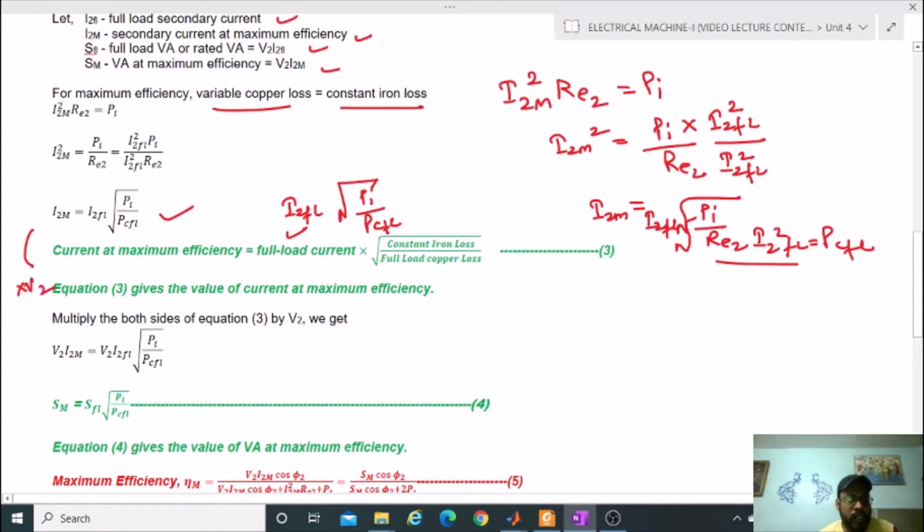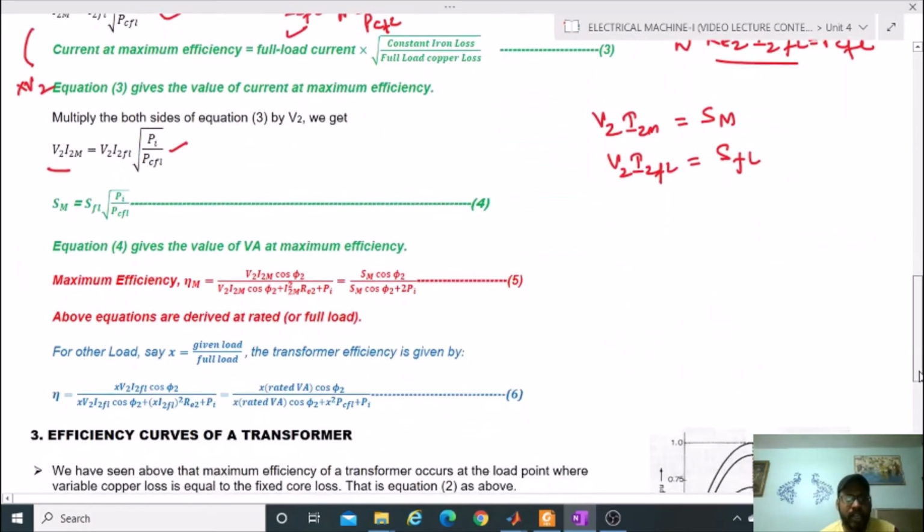When we multiply this equation by V2, the LHS will become V2 into I2M and the RHS will become V2 into I2FL into the square root of Pi by PCFL, where V2 into I2M is Sm, the kVA at maximum efficiency, and V2 into I2FL is SFL, the full load kVA or the rated kVA.